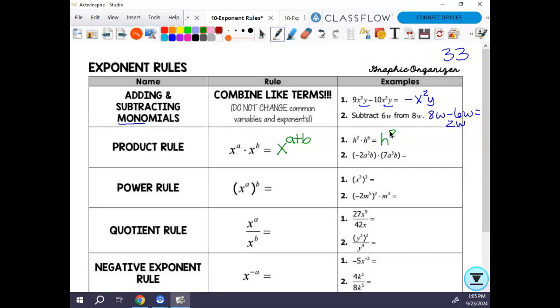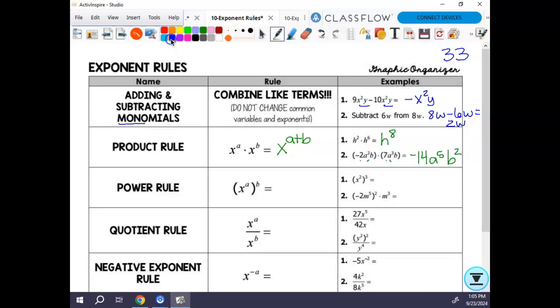Okay? Then here, where I have a bunch of them, the coefficients that don't have exponents on them, I literally just multiply them, so that would give me a negative 14. And then a squared times a cubed is a to the what? 5th. And then b what? Squared. Okay, and I think you're okay with that stuff too.